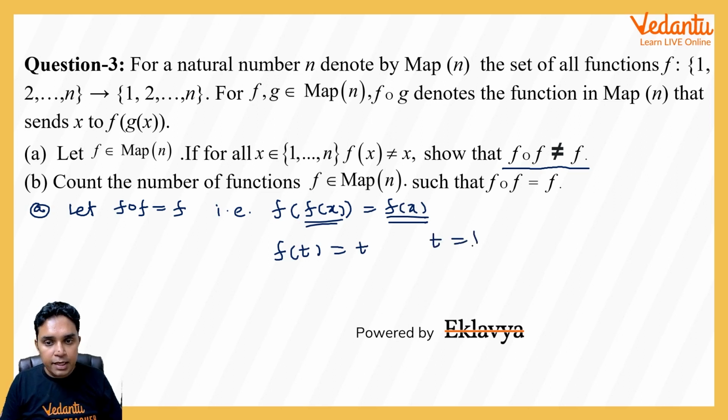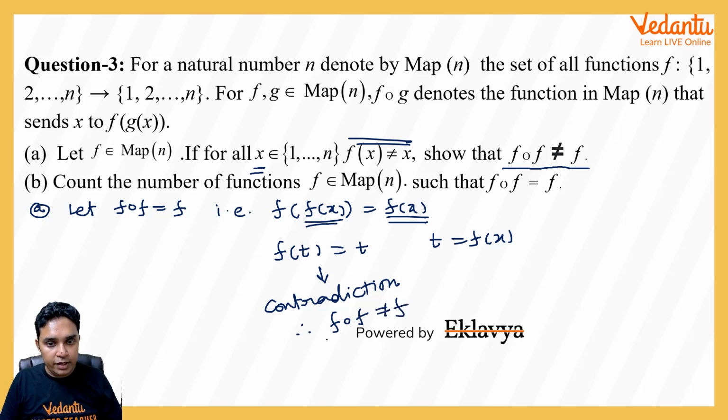Where I have taken t as f(x). So you can check, this cannot be true, because we are given for all x belonging to this set, f(x) is not equal to x. So this is a contradiction. Hence, f of f cannot be equal to f.